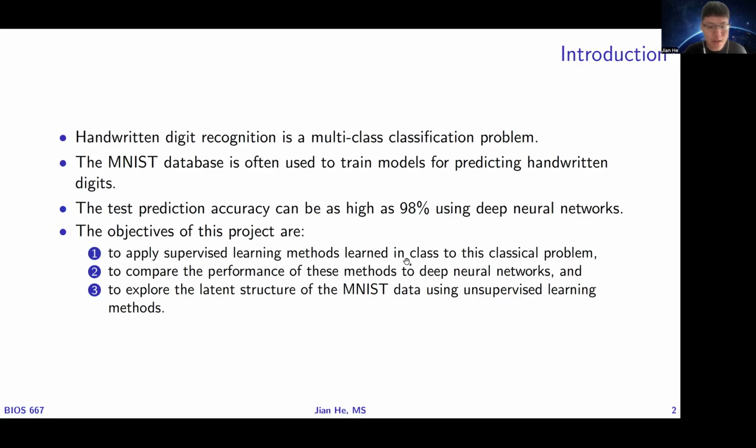The primary objective of this project is to apply the supervised learning methods learned in this class to this classical problem, and to compare the performance of these classification methods to deep neural networks.